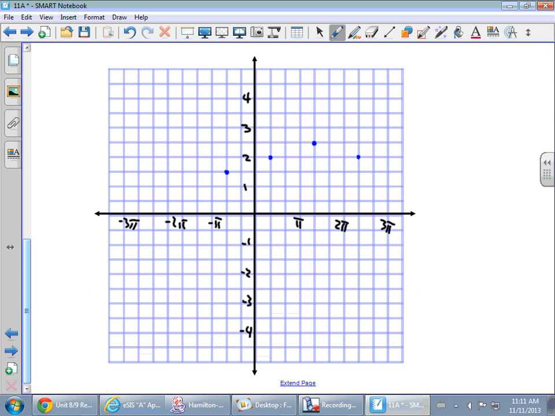Then on the other side, over 3, up 1, over 3, up 1, over 3, and then I'd be out of my range, so I have enough in order to graph what I need to graph. And I join it up in a smooth curve, and that's my transformed function.